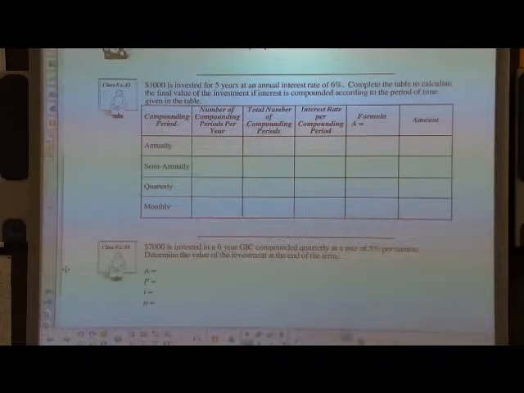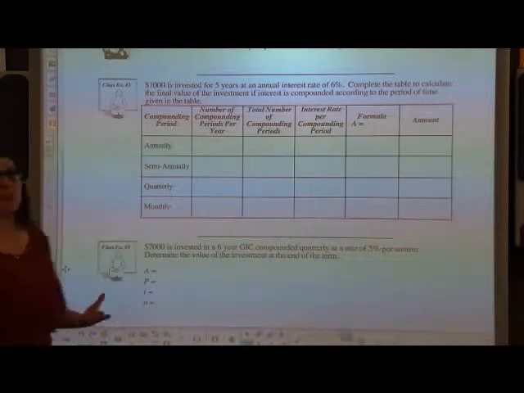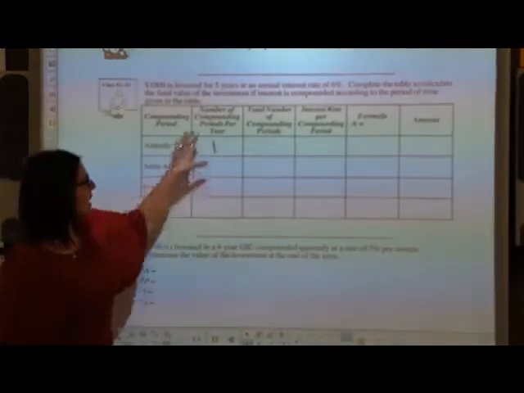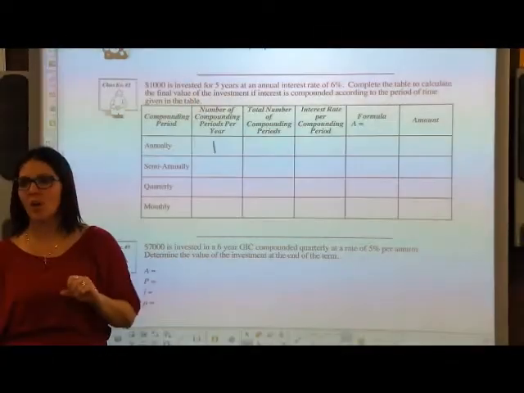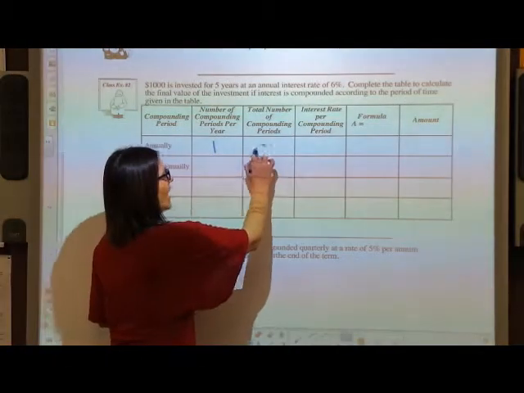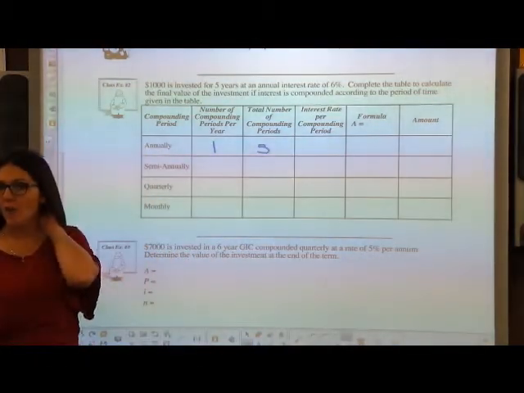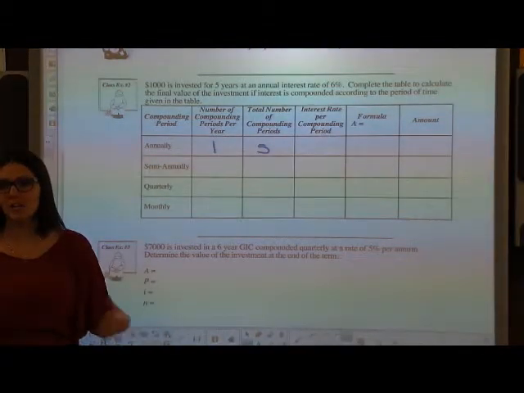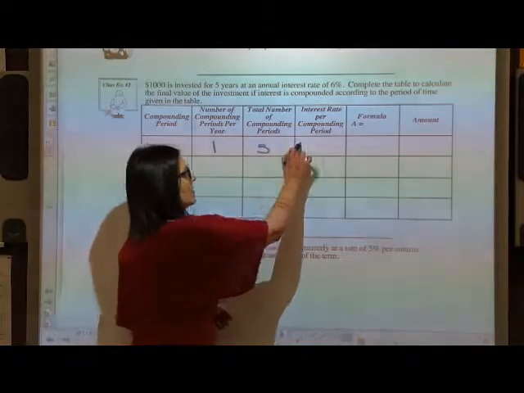If we compound something annually, how many times per year is that? Once. So in a total of 5 years, how many compounding periods would we have? 5. And the interest rate every compounding period, because it's 6% per 1 year, is going to stay at 6%.